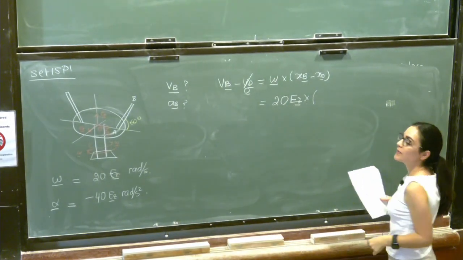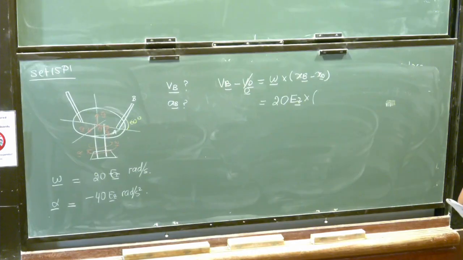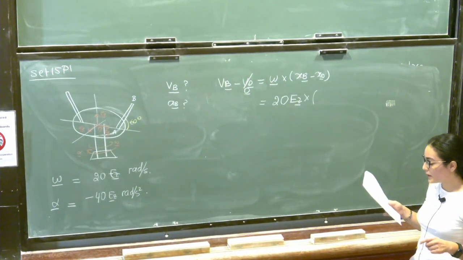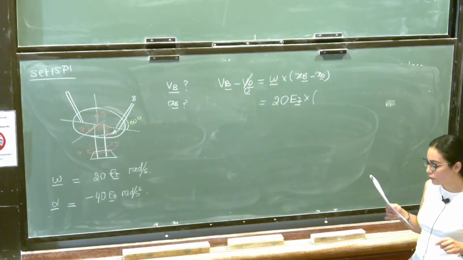Now what is XB minus XO? So this vector from O to B. I could go from O to A, then from A to B, right? So what is the distance from O to A?